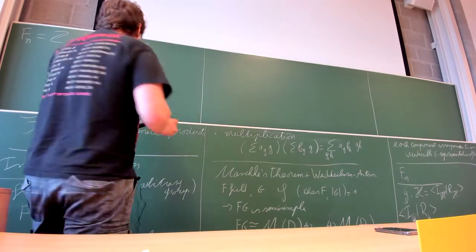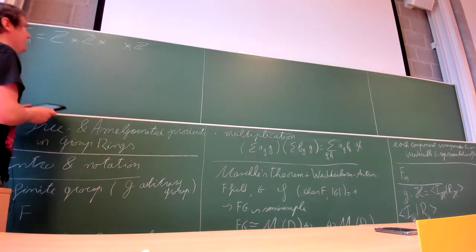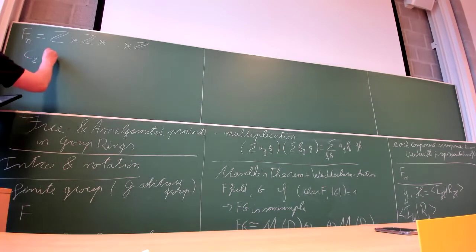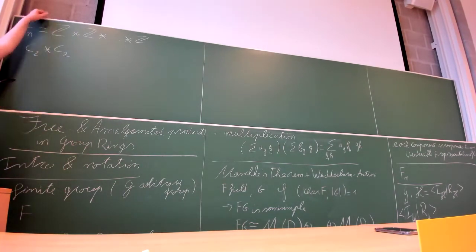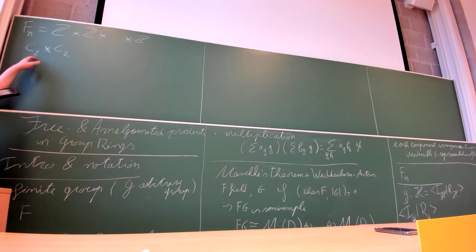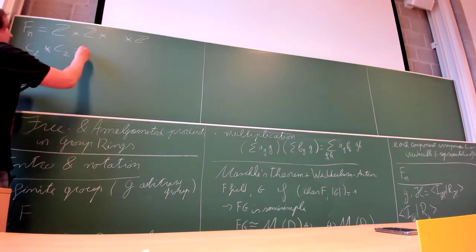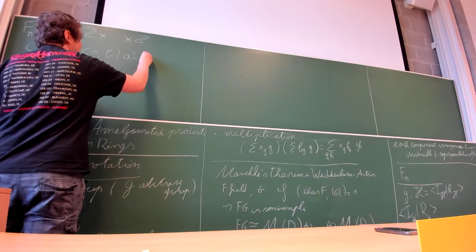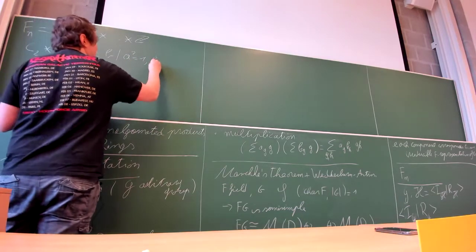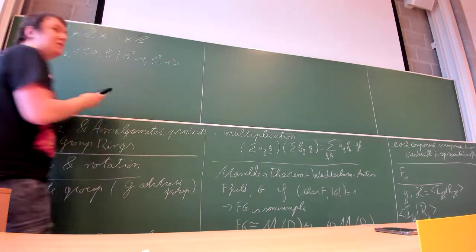Do we know maybe some other examples? Well, the free product of two finite cyclic groups of order 2. So C2, or Cn is my notation for a cyclic group of order n. So C2 free product C2, what is this? Okay, just take two elements, right? And the only relations you have are that a squared equals 1 and b squared equals 1.